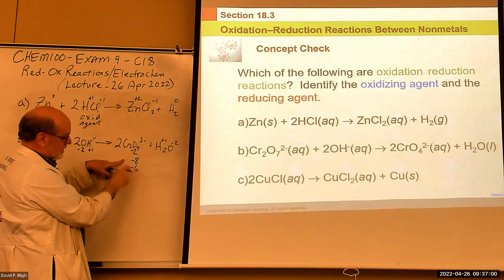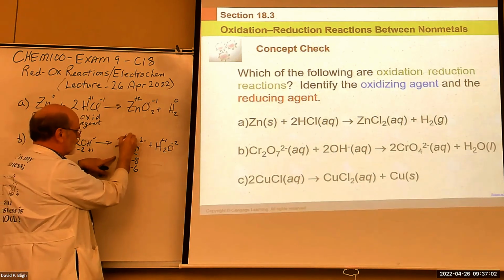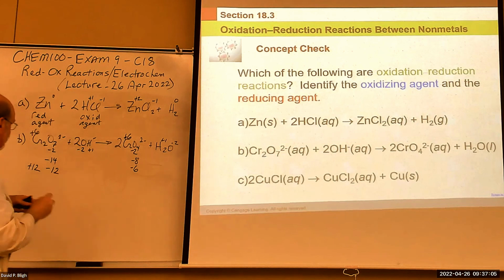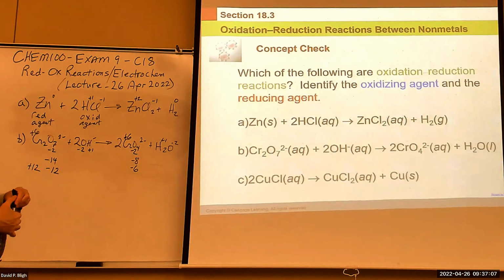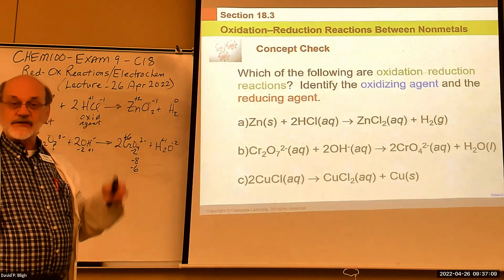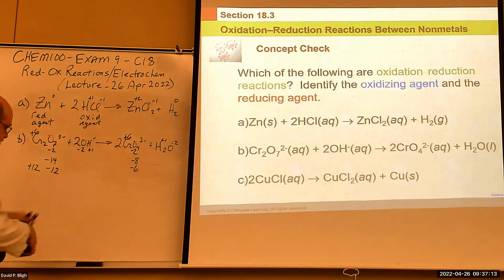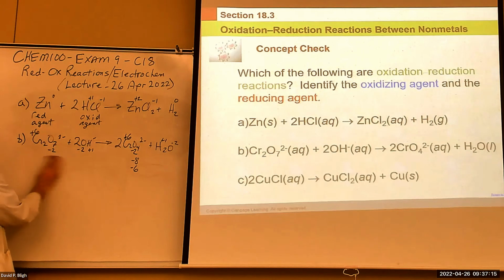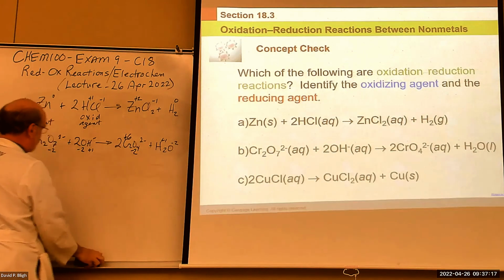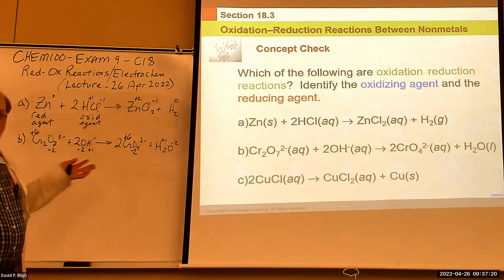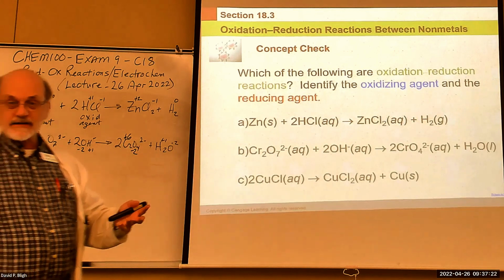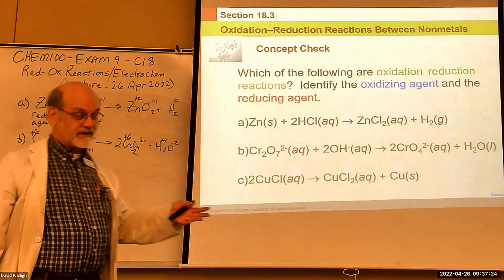We only need to balance 6 minuses. That makes this one +6. Okay. Now, what can we deduce from this? This is not a redox reaction. So, since this is not a redox reaction, we don't have any oxidizing agents. We don't have any reducing agents.